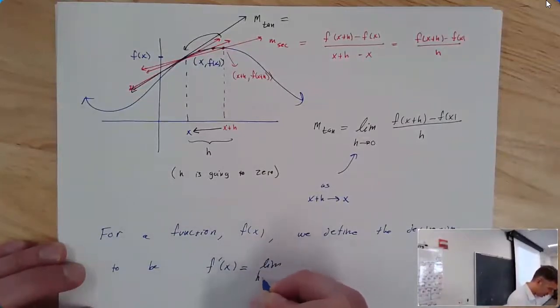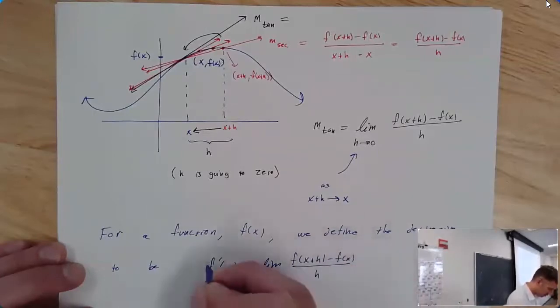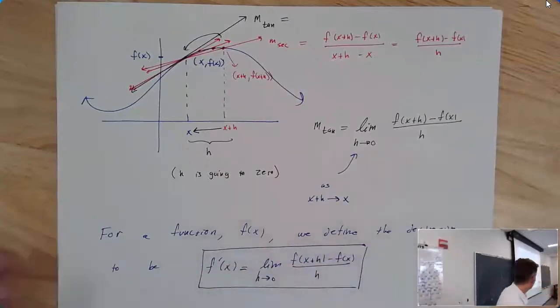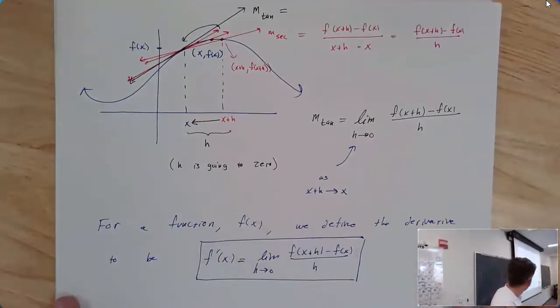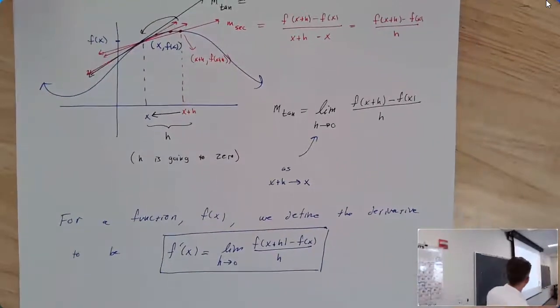The limit as h approaches 0 of f of x plus h minus f of x all over h. Questions, comments, observations before we do some examples?